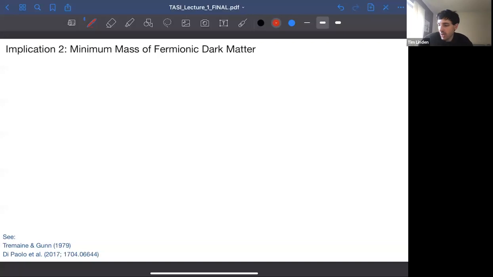The second implication, Martin, I'm going to steal this from Martin, who said he would show it in lecture 3, but I'm going to preempt that and show it now, is that you can calculate from this the minimum mass of a fermionic dark matter component via the Pauli exclusion principle.